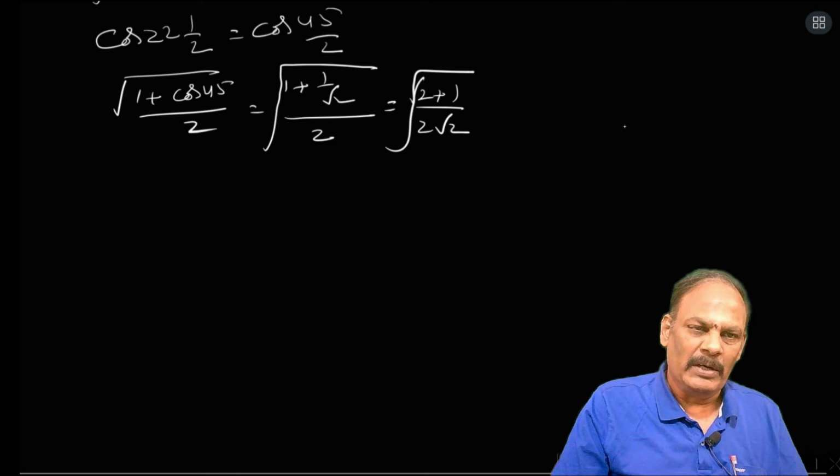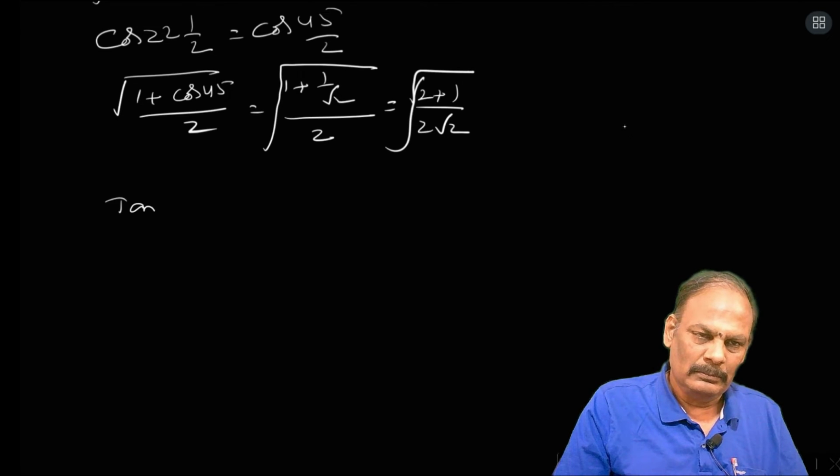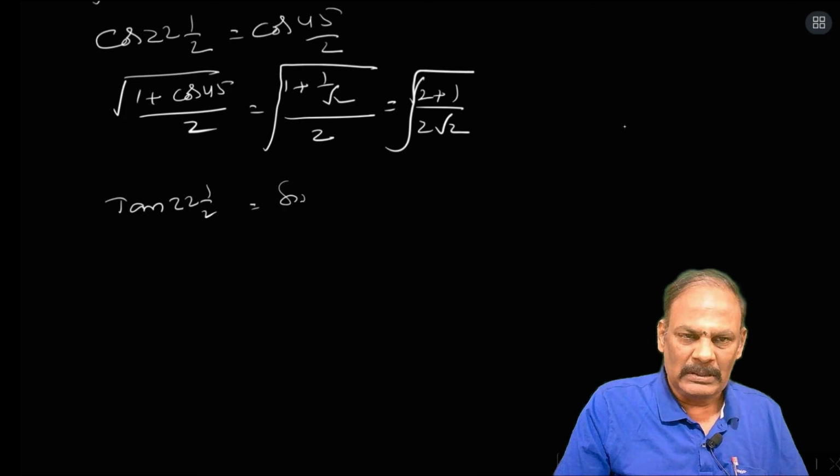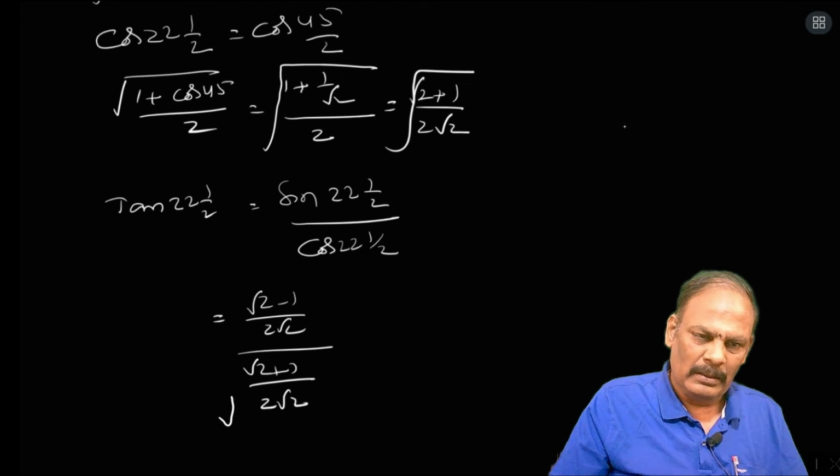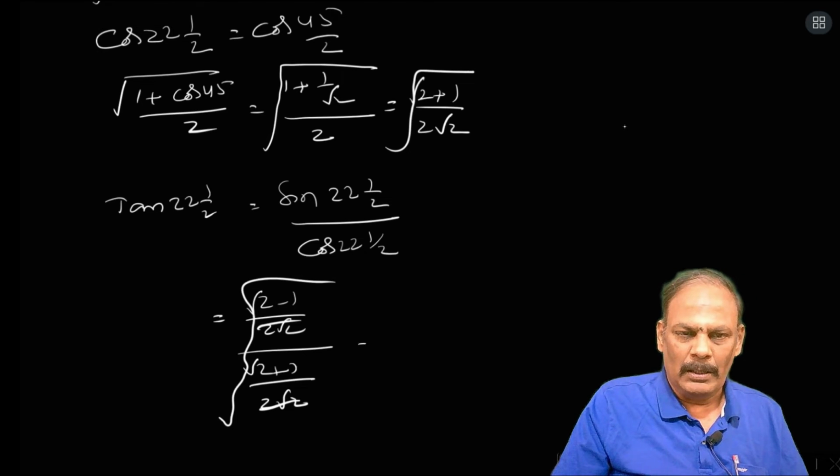Next one, tan 22 and a half. Sin 22 and a half by cos 22 and a half, that is root 2 minus 1 by 2 root 2 whole by root 2 plus 1 by 2 root 2 under root. This will cancel: root 2 minus 1 by root 2 plus 1.